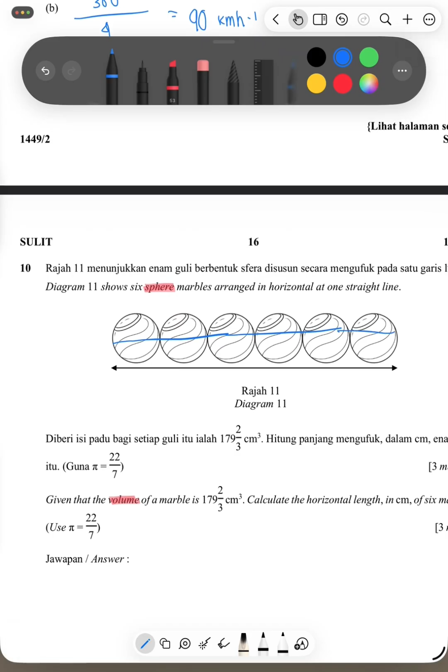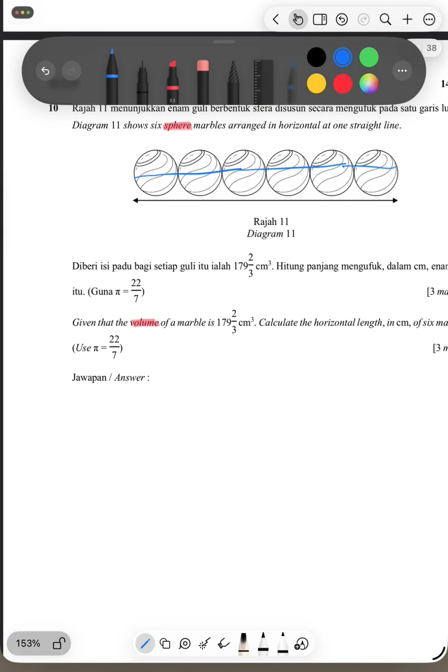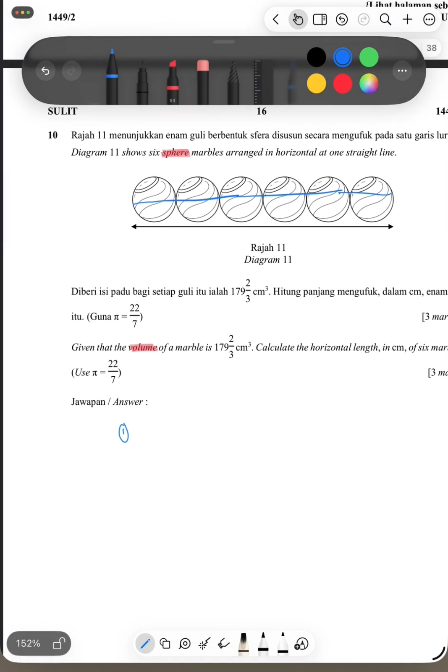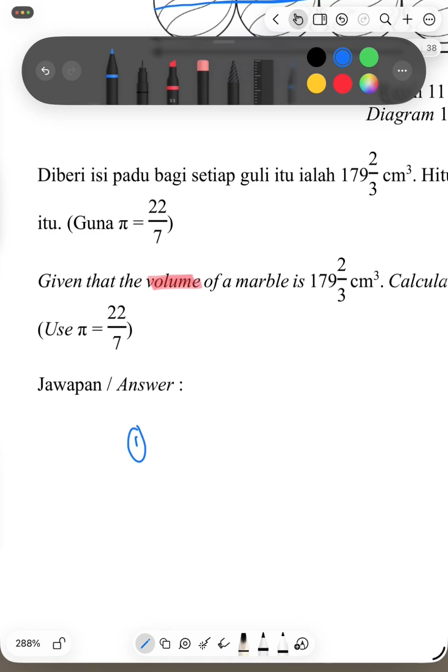Notice how they all align very tightly close to each other. Okay, now, first step, what's the formula for volume of sphere? I think it's 4 over 3 pi r cubed. Is it? Wait.